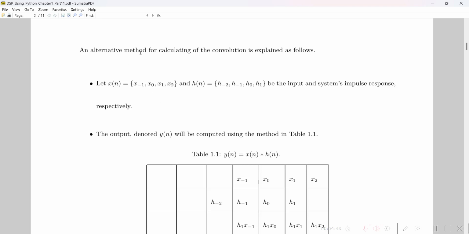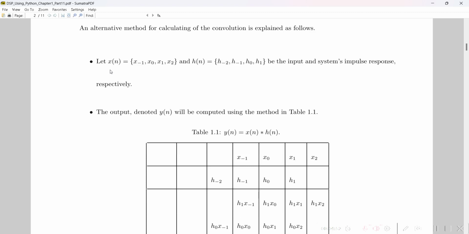An alternative method for calculating the convolution is explained as follows. Let x[n] equal x minus 1, x0, x1, x2.